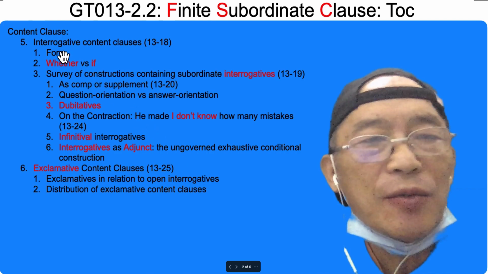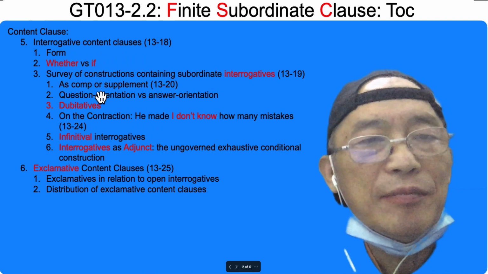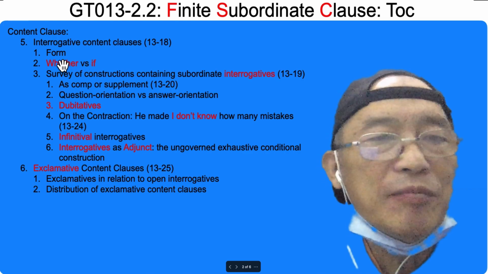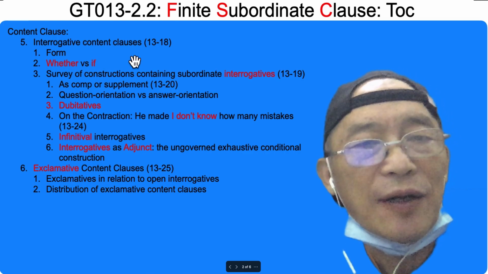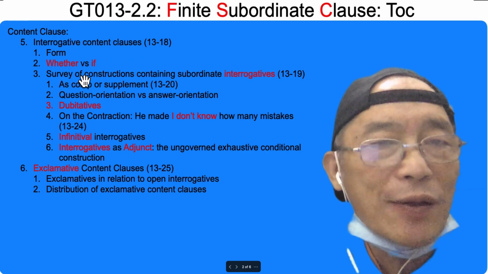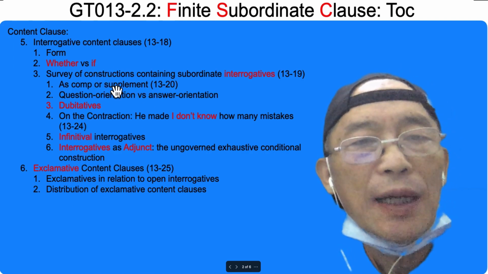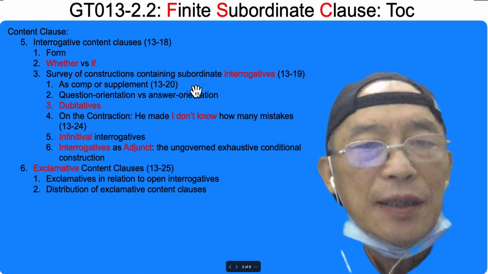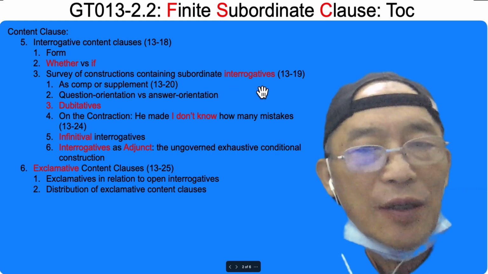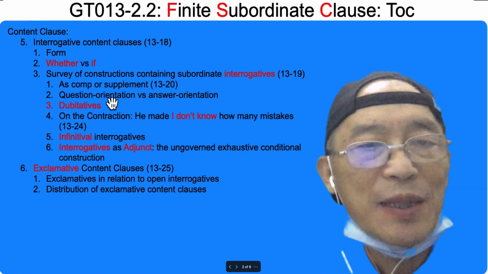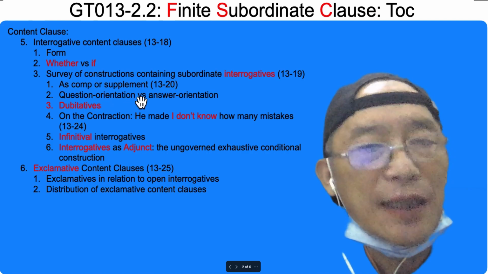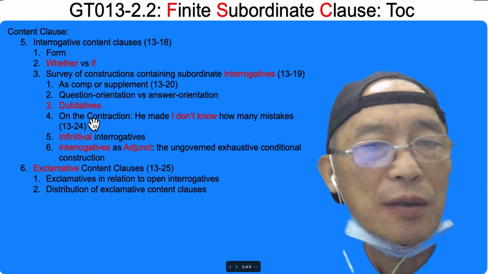And then interrogative content clause, the form of interrogative content clause, whether and interrogative if, and constructions containing subordinate interrogatives. It's complement, or it can be acting as a supplement of a clause.